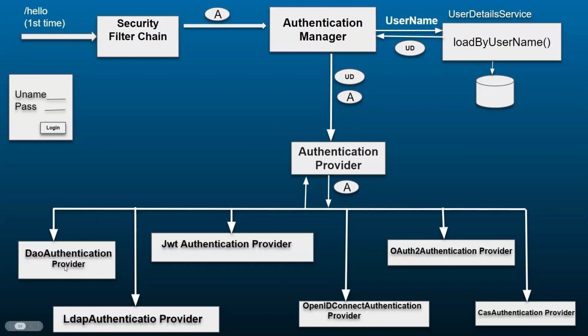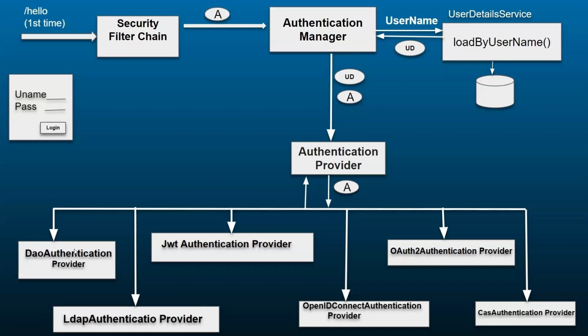What information did it add? It added the information that this user is authenticated. So it sets one flag or provides one piece of information in that object: this user is a valid user.